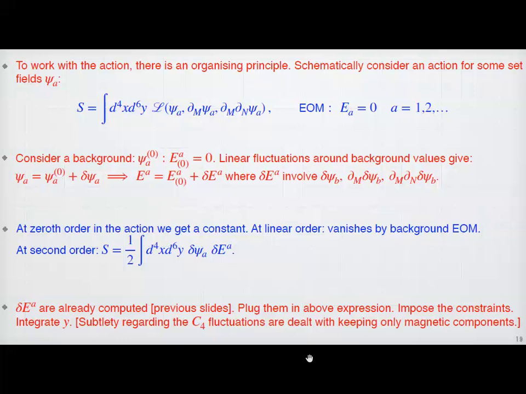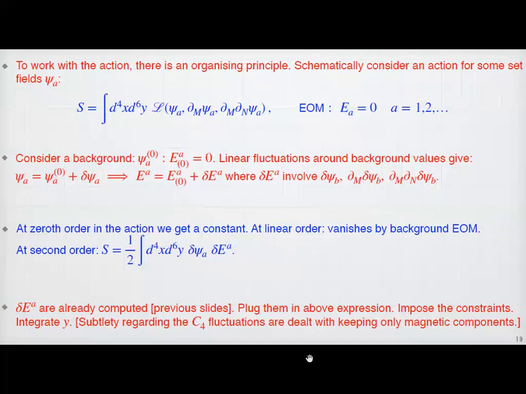Now, if we plug these fluctuations into the action, at zeroth order we get a constant, basically the action evaluated at the background values. Linear order terms vanish by the background equation of motion. At second order, we always get this. This is second order because it's first order in field fluctuation. This is also second order. So this is the organizing principle, and then we can integrate over y.